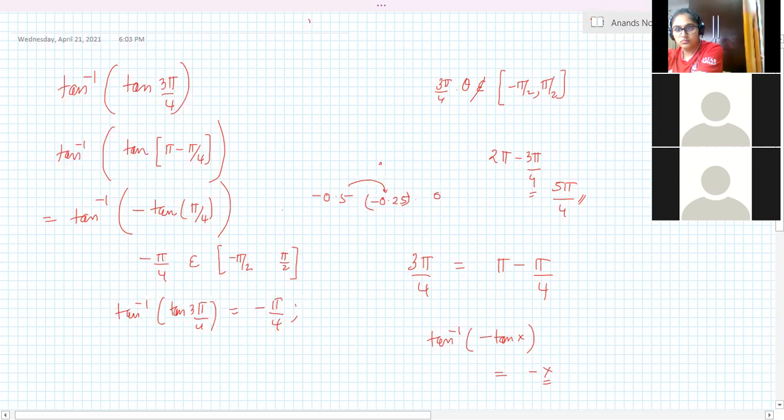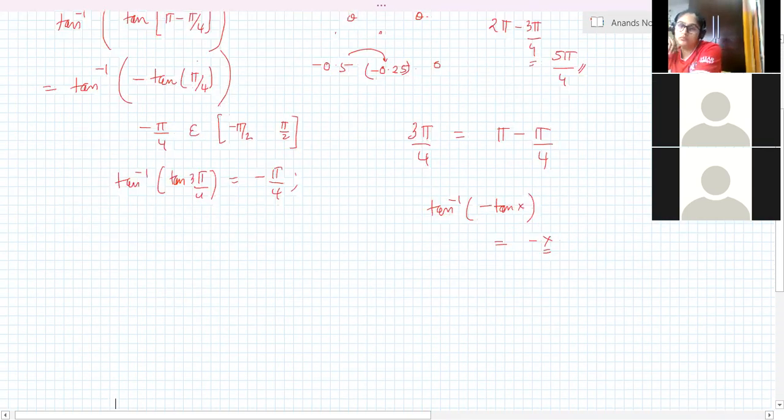So here, what we have done is, in the other cases, we have used 180 minus theta or 360 minus theta, because in both cases, you get theta itself. But in this case, the theta, you are expressing it as something else. Are you able to follow this, guys?